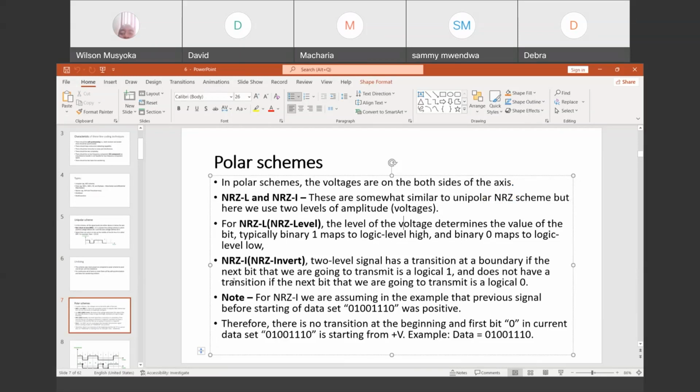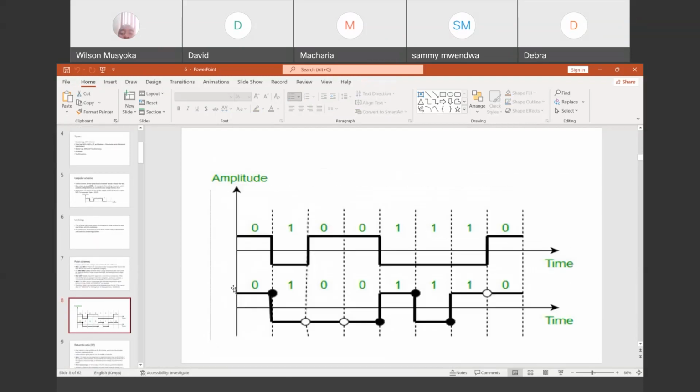We shall see that. Then if it is non-return to zero inverted, it is the other way around, whereby a one is going to be on one side of the waveform, and a zero is going to be on the other side. Here is the example with these two.